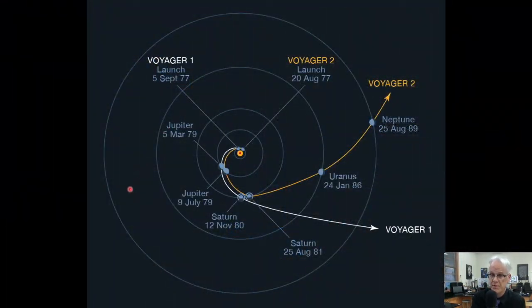For another example of inertia, in 1977, NASA launched the Voyager 1 and Voyager 2 spacecraft. These were the first visitors to the outer solar system. These were the first close-up views of Jupiter, Saturn, Uranus, and Neptune. These two spacecraft are also examples of inertia.